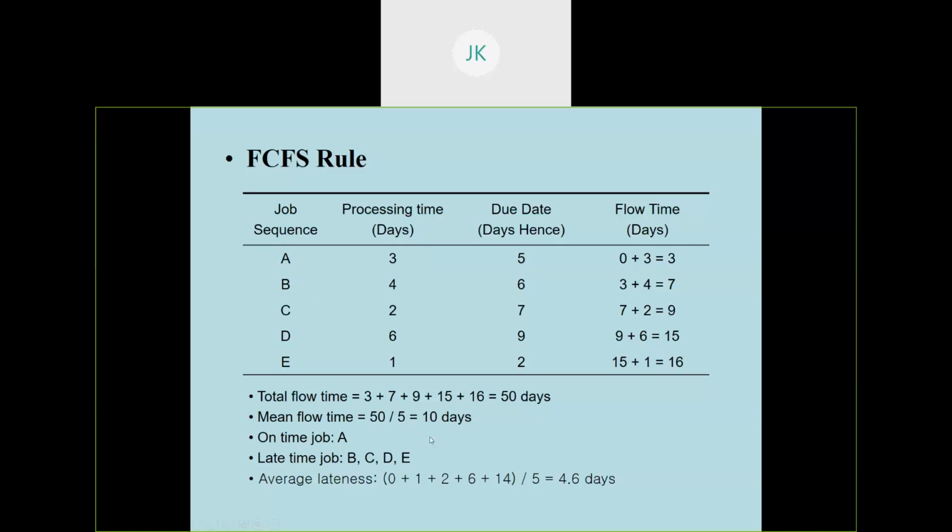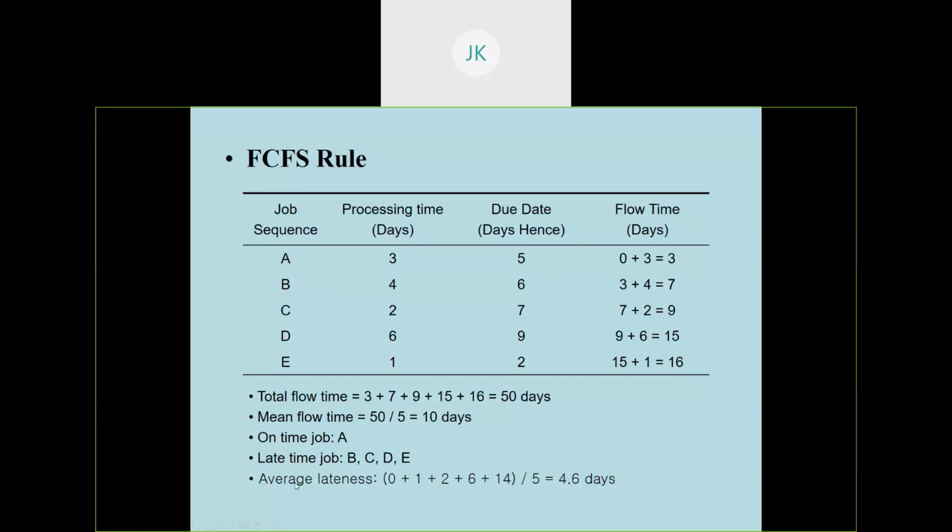For on-time jobs: job A takes 3 days and the due date is 5 days later, so it meets the due date. For job B, the due date is 6, but it is 1 day late, then 2 days late, 6 days late, and 14 days late, because 16 minus 2, 14 days late. So only job A meets the due date, and the other jobs are late.